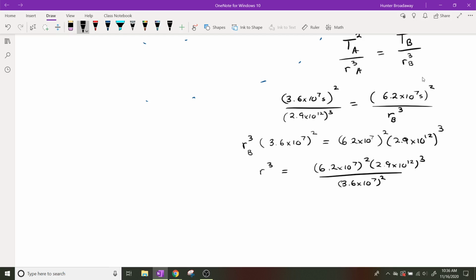Get a ginormously huge number, and then we're going to take the cube root of it. Y'all know how to do a cube root in the calculator? Caret what? Caret square root?